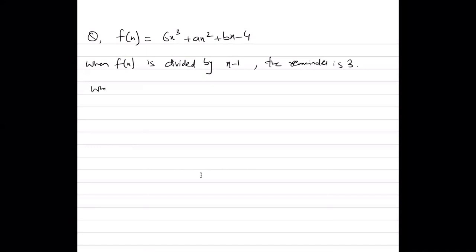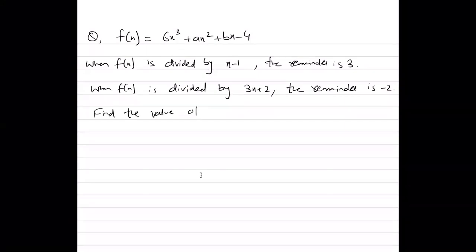And when the function is divided by 3x plus 2, the remainder is minus 2. You need to find the value of a and the value of b. Okay, please give this question a try.